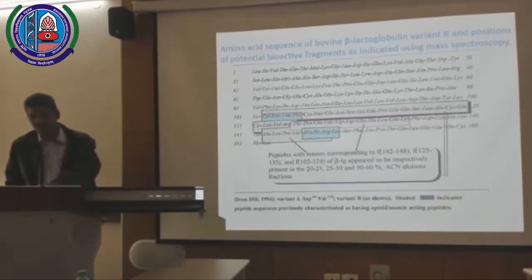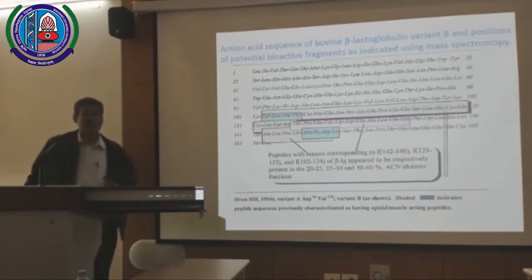So these are the fragments I was talking about, the sequence of beta-lactoglobulin protein using mass spec. They're telling us about opioid activity. I was talking about nocturnal milk, and I asked why we drink milk at night.